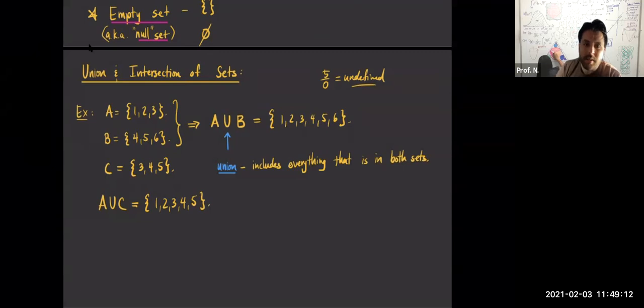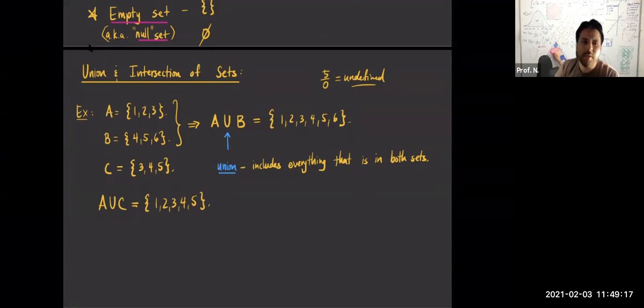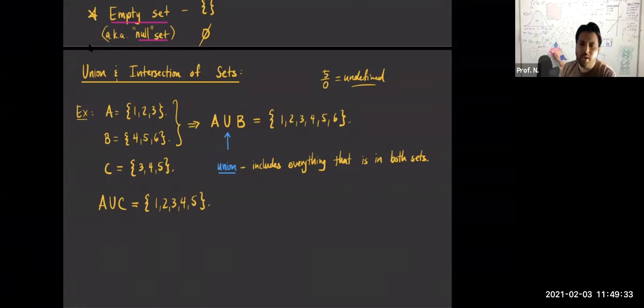You're right, 3 is repeated, but repeating it twice does not indicate anything different from repeating it once. You understand? Yeah, I understand. So that's just part of the set building writing process. You just include 3 once, even though it's repeated. So that's the union of A and C.